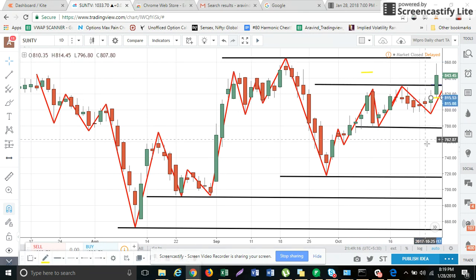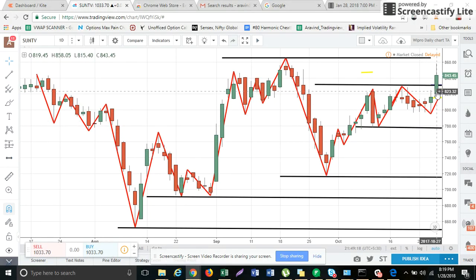So I'm updating the stop loss as this one, because this is our entry point.